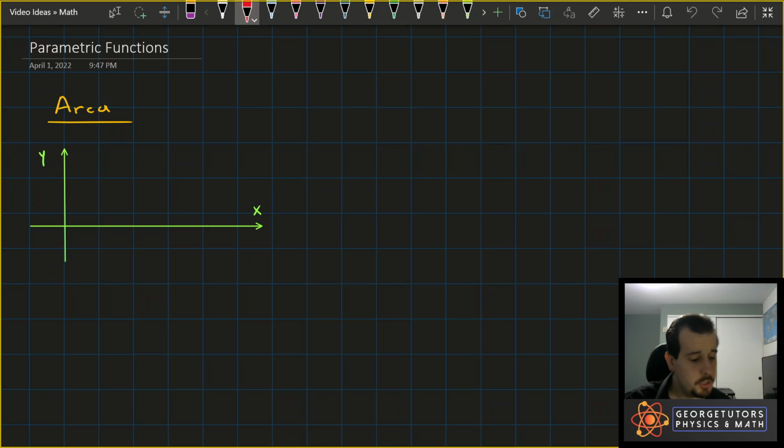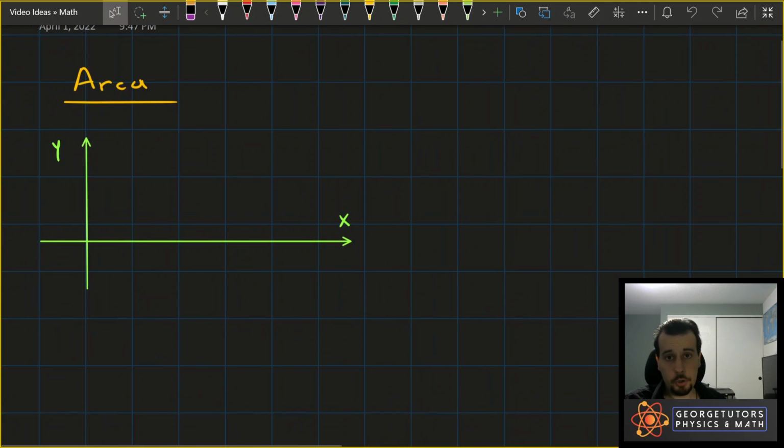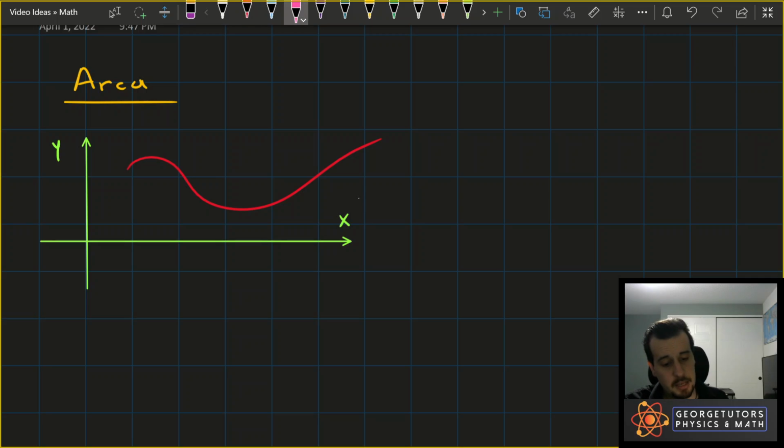So let's pretend over here that you have a regular function y of x, and it goes like this. And you decide that you'd like to find again the area beneath it between two coordinates here of x. We'll call them x1 and x2. So you're looking to find again this area right here.